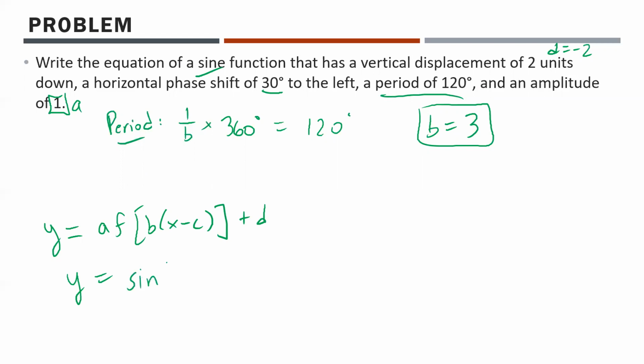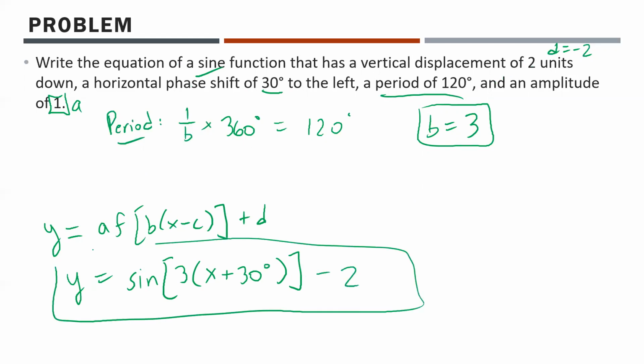So we'll just say sine, square bracket, B is 3. Don't forget your nested bracket. x minus C, well, it's phase shift of 30 degrees to the left, so it's plus 30 degrees. Close the brackets off. Plus your vertical displacement, it's 2 units down, so we're going -2. That would be your equation for this one.